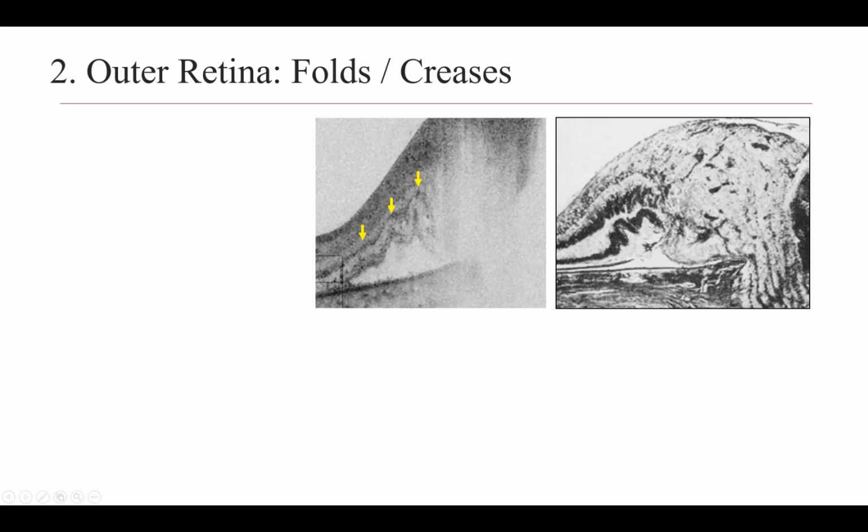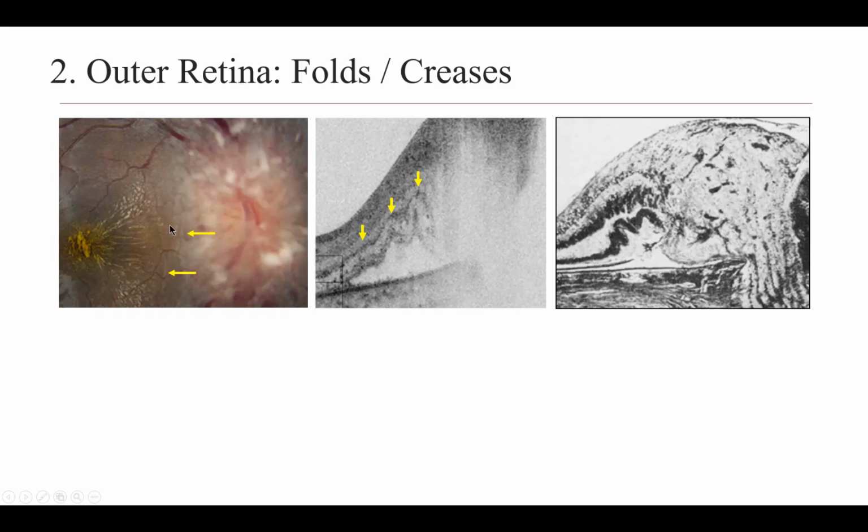What Paton described histopathologically is shown here in an OCT that looks remarkably similar. And yes, you can see them in the fundus, but they have a different appearance. They have very subtle grayish lines, as he suggested. But what you'll notice is these are more widely spaced than the peripapillary wrinkles.